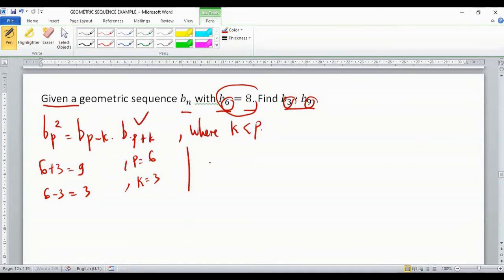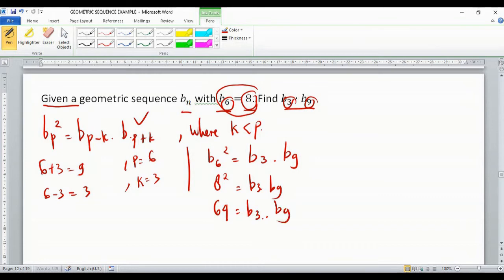Using this formula, b_6 squared equals b_3 times b_9. b_6 squared is 8 to the power 2, so the result is 64, equal to b_3 times b_9. Okay, everyone? I hope you understand this.